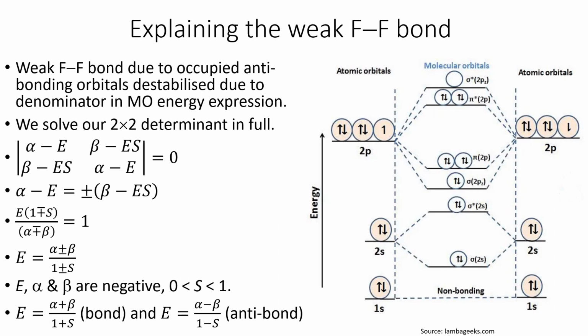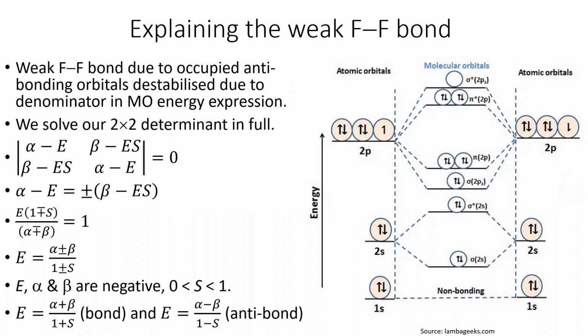So you can see here that in our bond, the denominator is going to be a little bit bigger than 1, and in the antibond, the denominator is going to be a bit smaller than 1. And so, of course, when you've got a denominator in an antibond that's smaller than 1, that kind of blows up the whole fraction. So this explains why the antibonding orbital is further above alpha, the non-bonding energy, than the bonding orbital is beneath alpha.